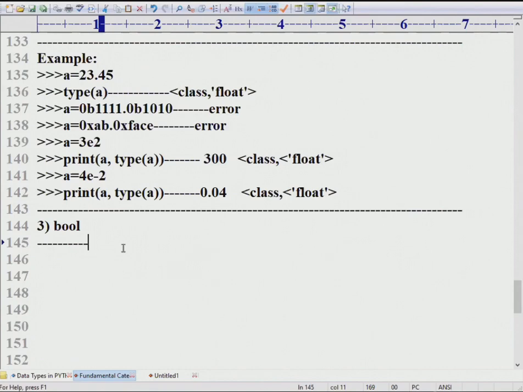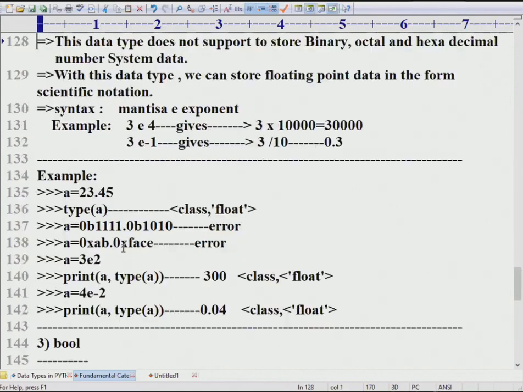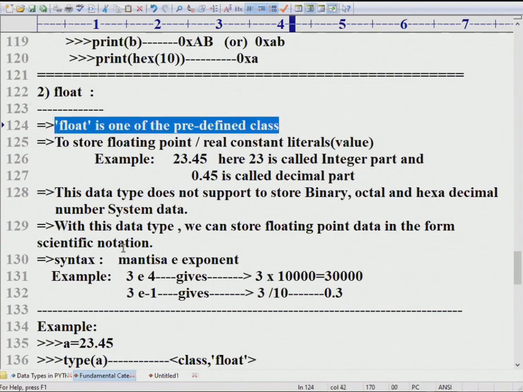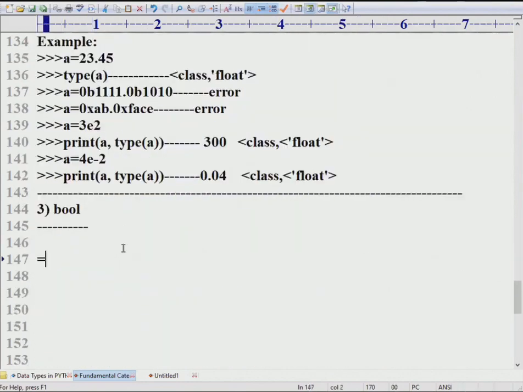Right. So I'm writing the purpose of this data type. Bool is one of the predefined classes, but the first statement I'm writing, to make you understand, is one of the predefined data types.